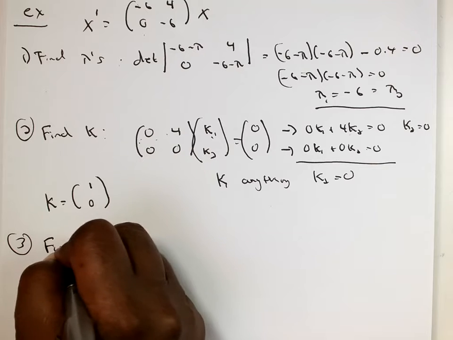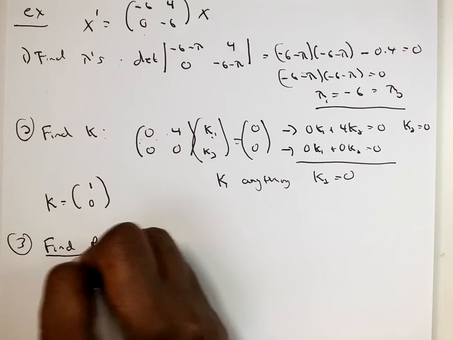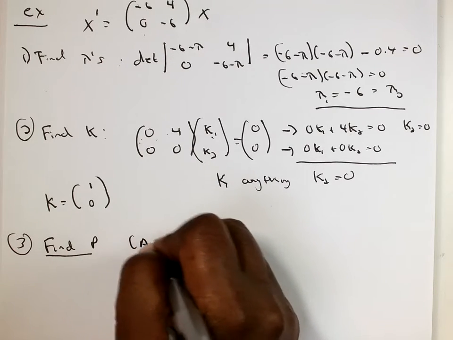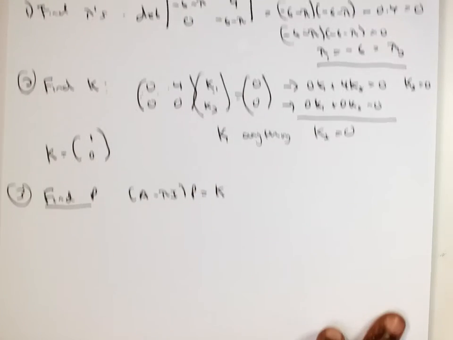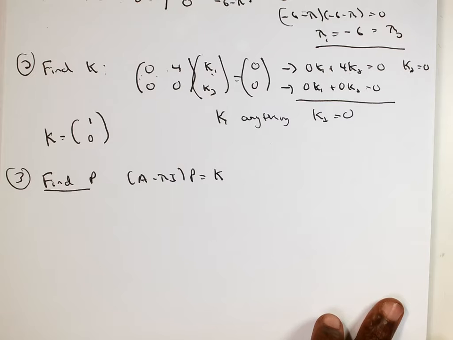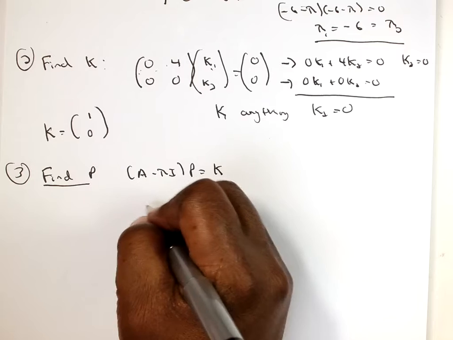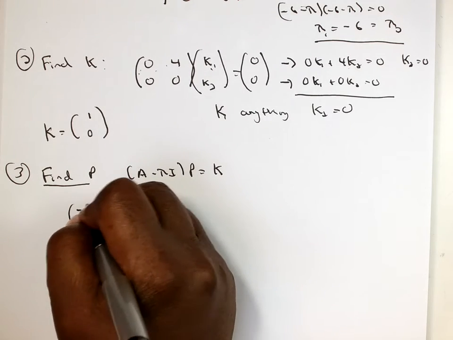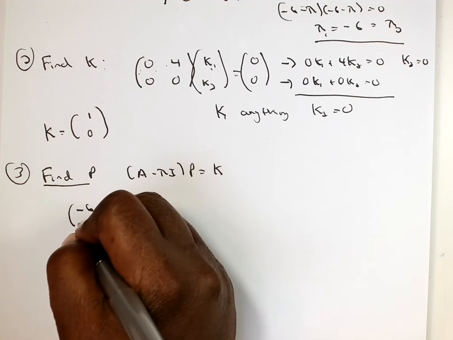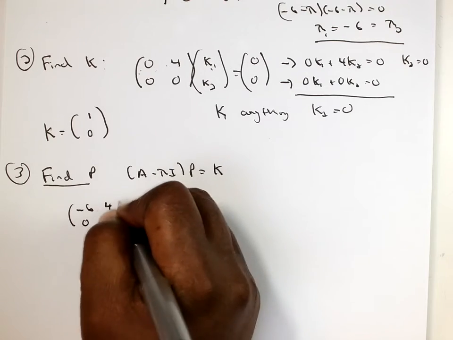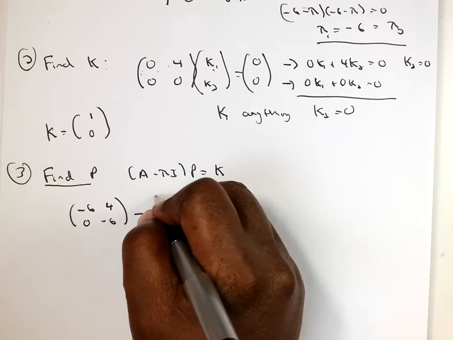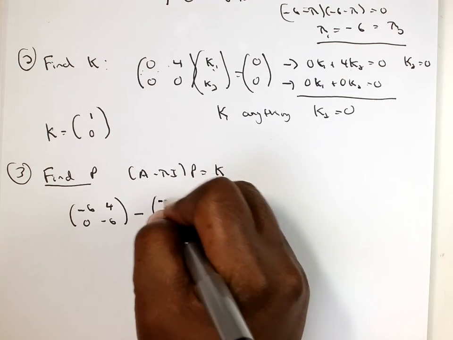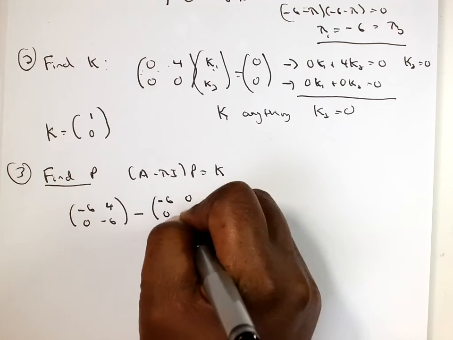Now I have to find p. And (A minus lambda I) times p is equal to K. So A was negative 6, 4, 0, negative 6, minus lambda I, and lambda was negative 6, so negative 6, 0, 0, negative 6.